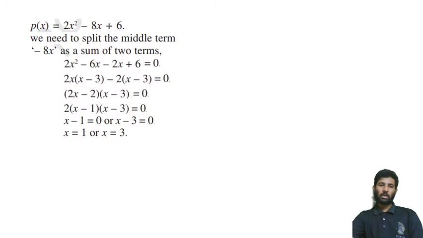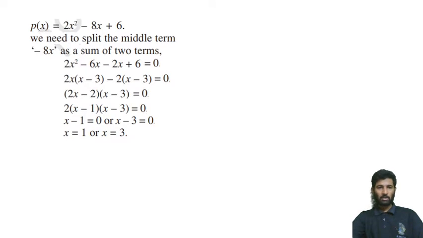Now let us understand with an example. Here one quadratic polynomial is given, 2x square minus 8x plus 6. In ninth class, how to factorize a quadratic polynomial has been taught, and the same thing is used here.